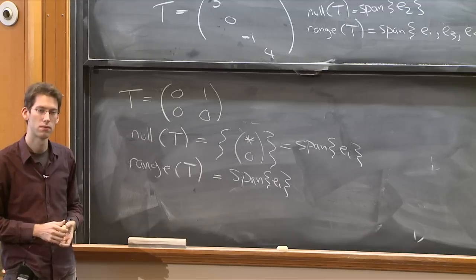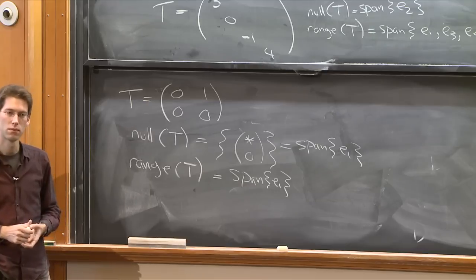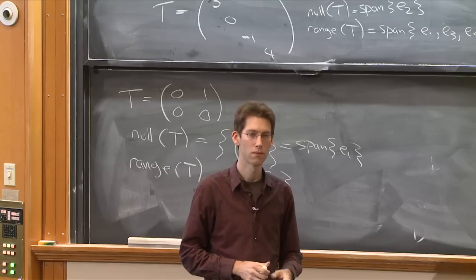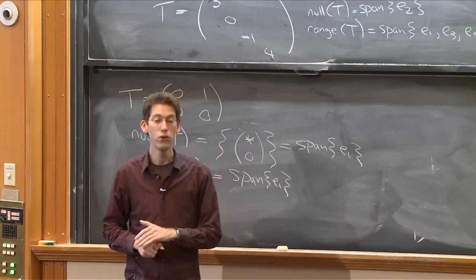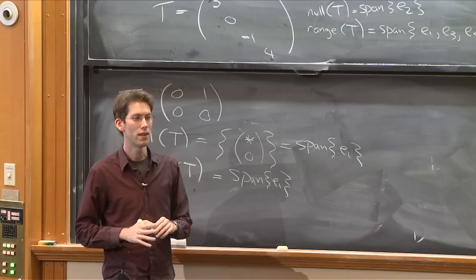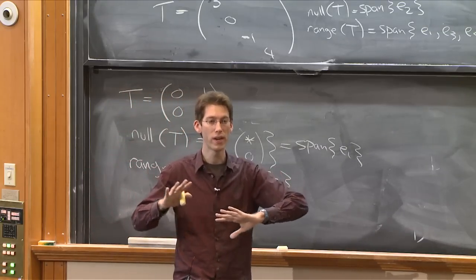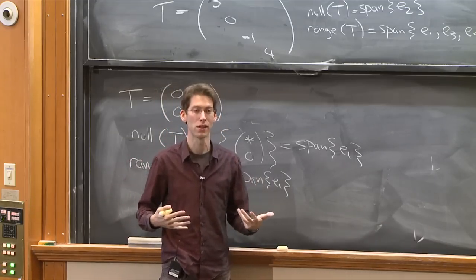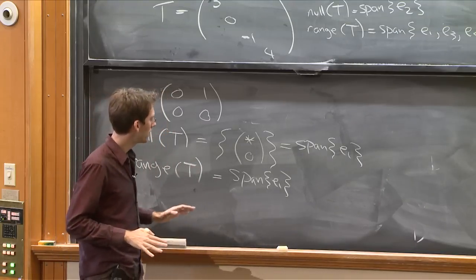Yeah? What if you reduce the matrix, use row reductions to only have entries on the diagonal? Right, good. Depending on how you do row reduction with different row and column operations, what you've done is you have a different input and output basis.